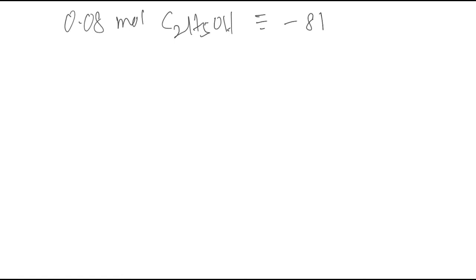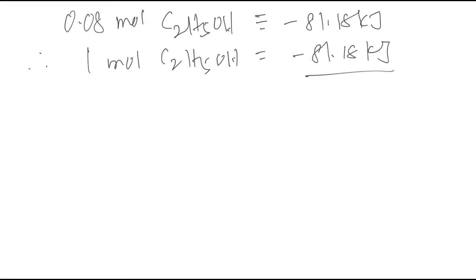releases 81.18 kilojoule. Therefore, 1 mole ethanol. Why we are referring to 1 mole ethanol? Because our standard enthalpy of combustion defined as per mole, right? So minus 81.18 kilojoule divided by 0.08 mole. Then I would get 1014.8 kilojoule per mole negative.